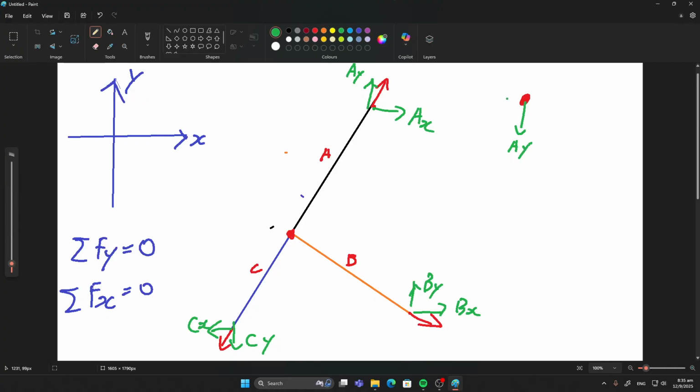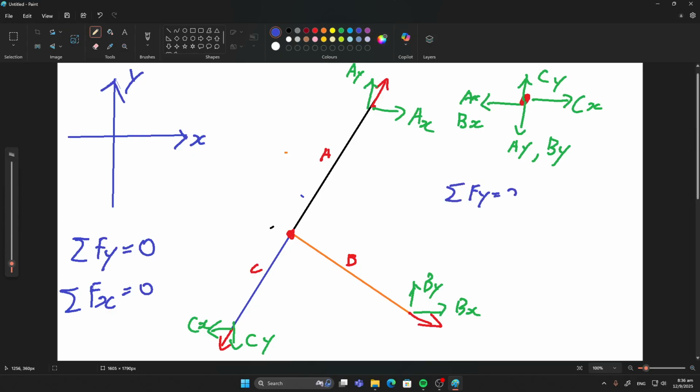So we have Ay and then we have an Ax here. And then we have a Bx here as well. And then we have a Cx here as well. And then we have a By here as well. And then over here we have a Cy. Alright, so let's equate.